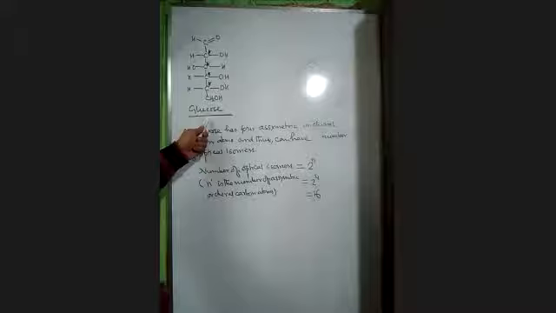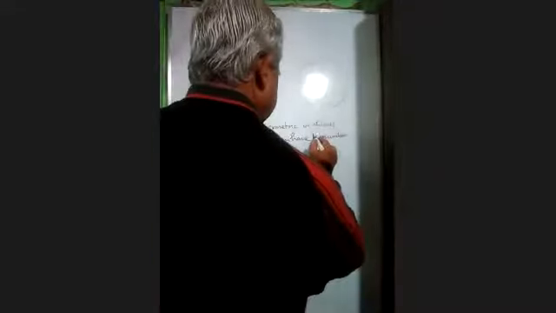All right, so this is the structure of glucose. 16 is the number of optical isomers.